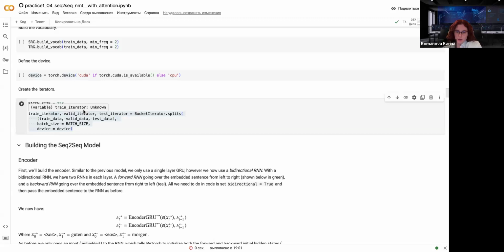With that data prepared, we now move to constructing the core components of the sequence-to-sequence model. We did it in the previous lesson, but today we will have an attention mechanism in our architecture.